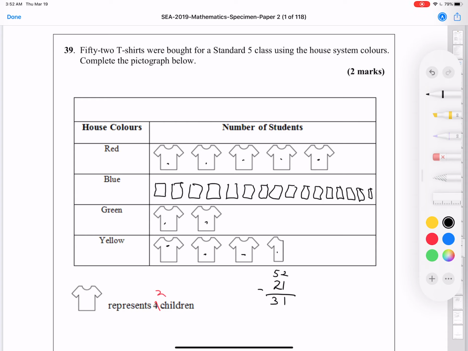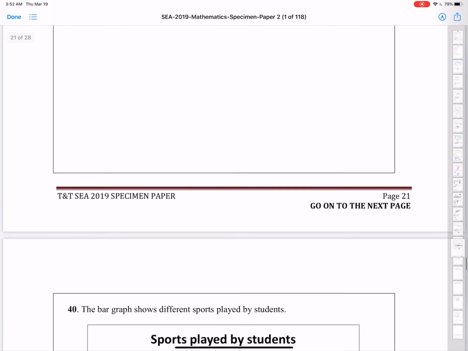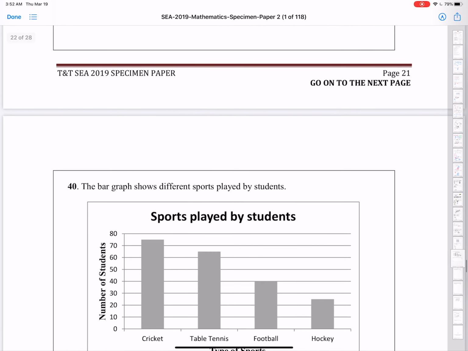Well, you have to show that it has to be small, right? So complete pictograph. So 1, 2, 3, 4, 5, 6, 7, 8, 9, 10, 11, 12, 13, 14, 15 full ones and a half. They will ask you to draw so many for C, I'm sure.